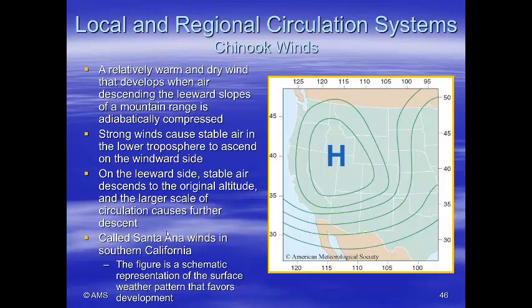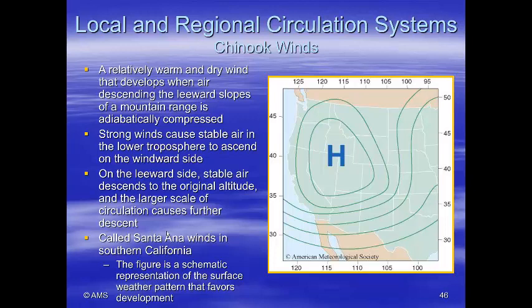And on the leeward side, stable air descends to the original altitude, and a larger scale of circulation causes further descent. These are also called Santa Ana winds when they're in southern California.